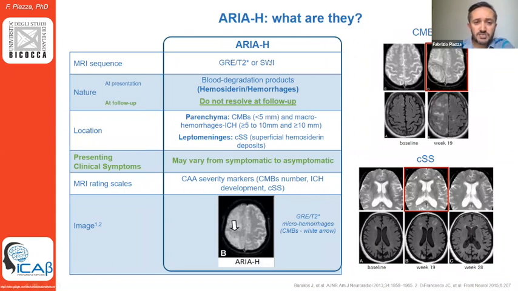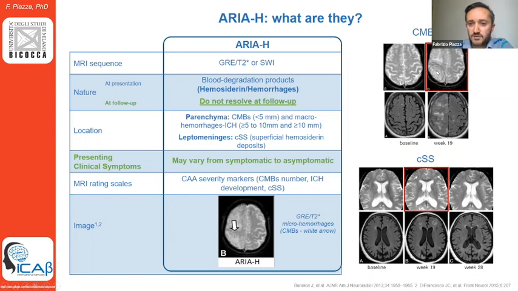ARIA-H, with the specific sequences GRE, T2 star or SWI, represents the imaging abnormalities related to blood degradation products that can deposit in the brain after bleeding events.